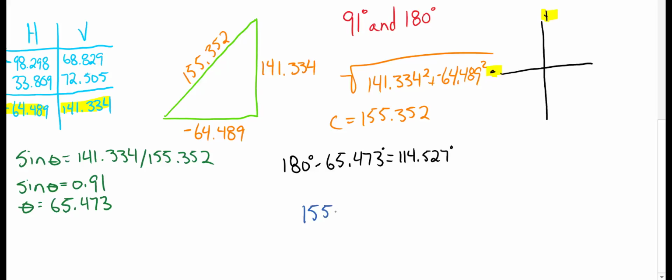with a magnitude of 155.352, and it would occur at 114.527 degrees. Now, some of you might be wondering why I don't use 90 degrees to figure out my angle. Why don't I just add 65 to 90?